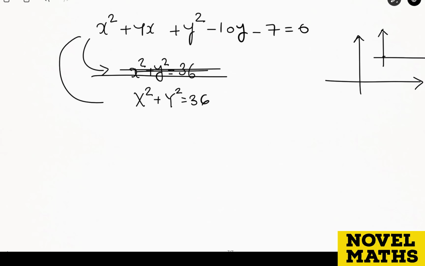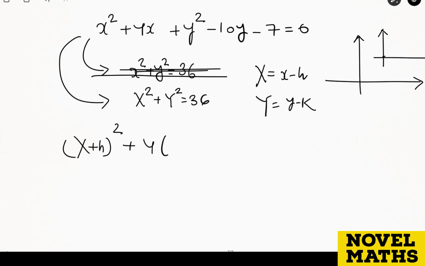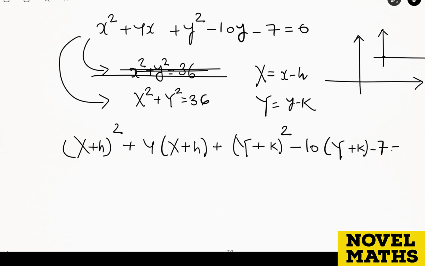You have to change from this to this, and we know this is x minus h, y minus k, or if we take this side, x is capital X plus h, so just substitute it: x plus h whole square plus 4, I'm not going to do the calculation. You can try. This is not hard, easy to do, but I'm leaving it to you. y plus k, minus 7, 0.